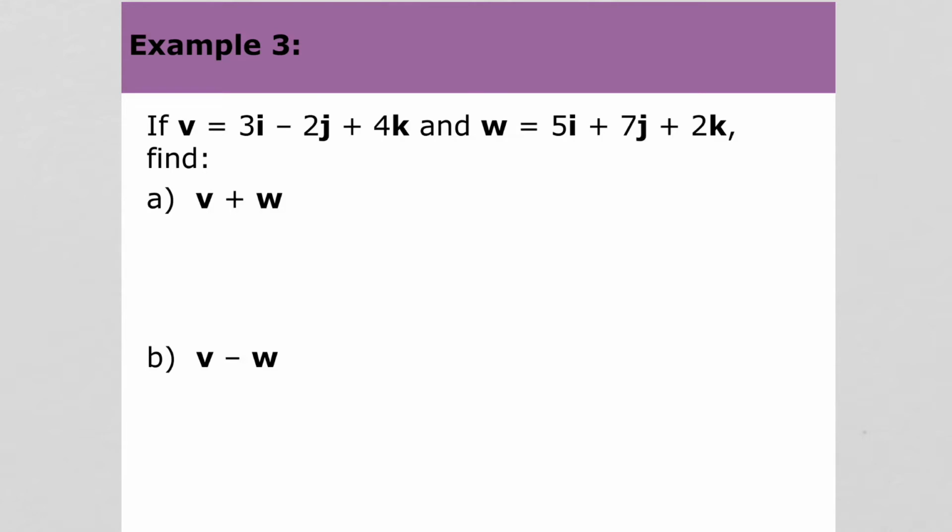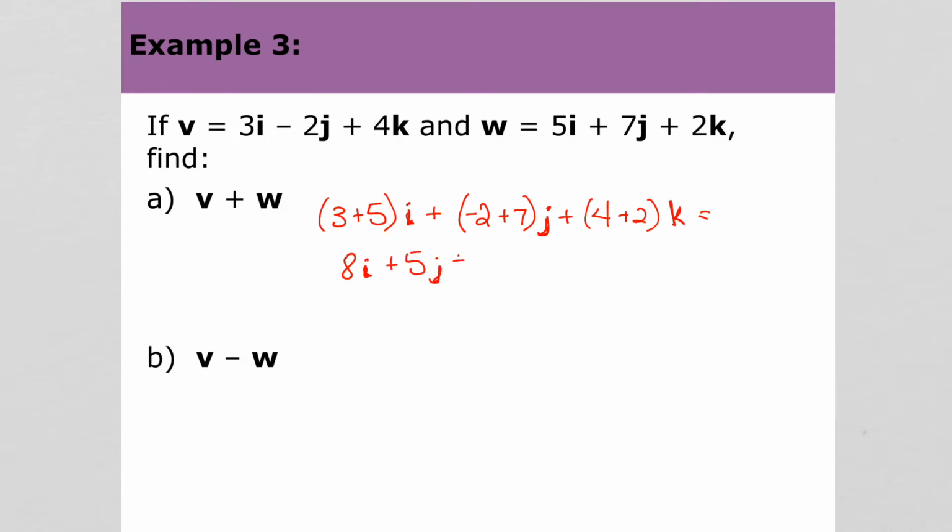So v plus w would just be 3 plus 5 i plus negative 2 plus 7 j plus 4 plus 2 k. So we get 8i plus 5j plus 6k.